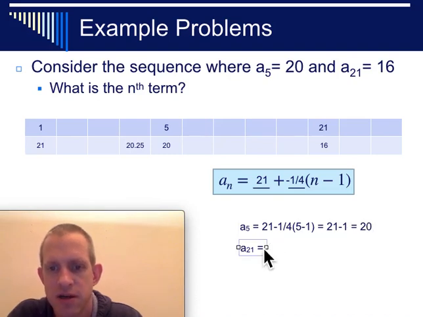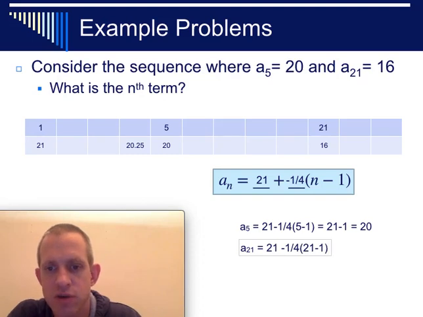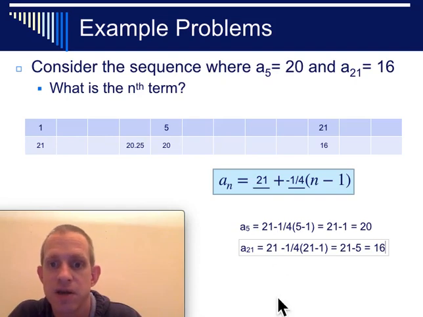That's a good sign. Now let's try plugging in a 21 for n. If I plug a 21 in for n, 21 minus 1 is 20, and 1/4 of 20 is 5, and so I've got 21 minus 5, which does in fact give me the 16 that I would expect.